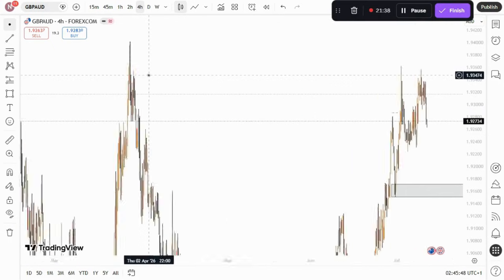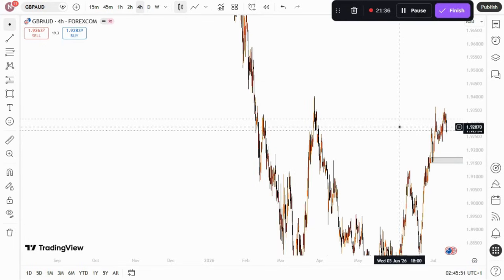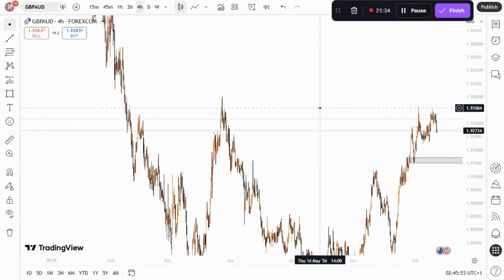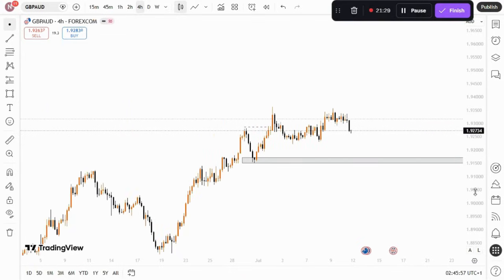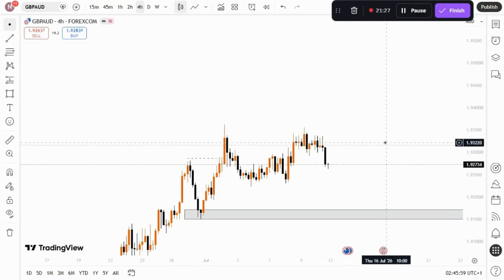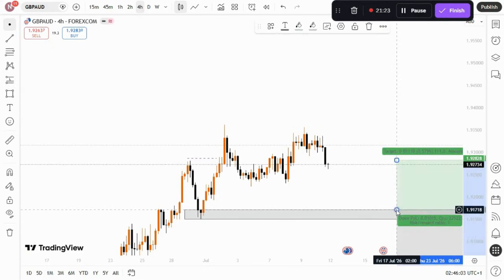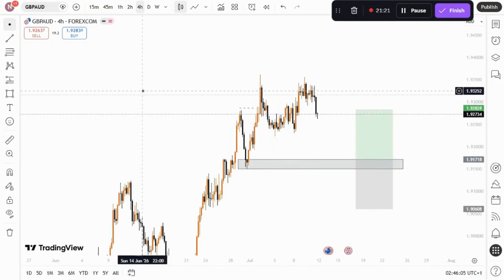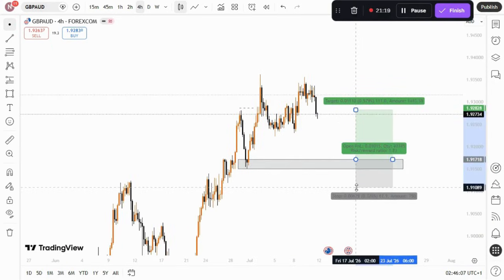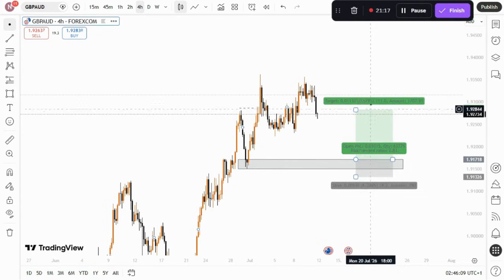Because right now, this is what we call sentimental analysis. With what I'm seeing, I'm not using a technical pattern. So I'll wait for price to come here, and I'll buy around here.